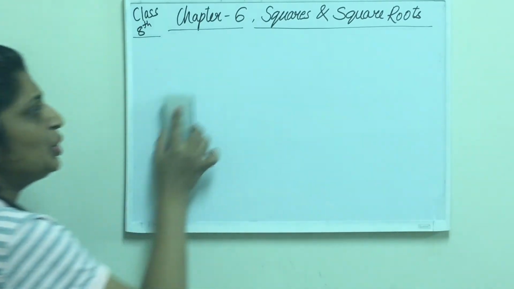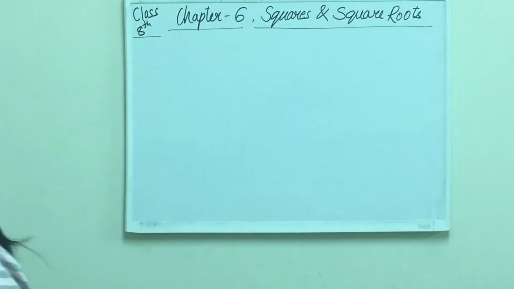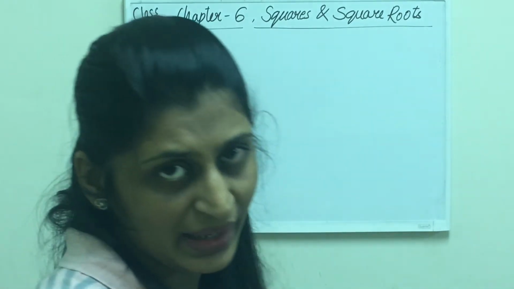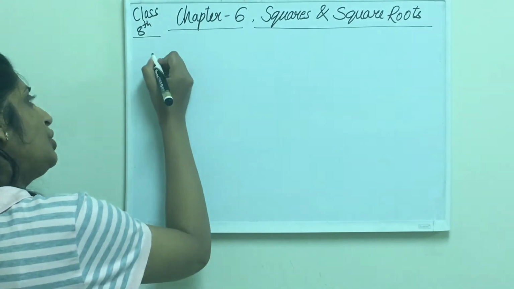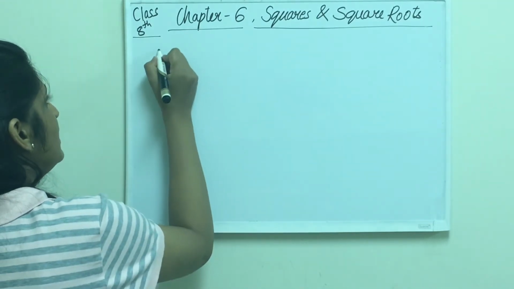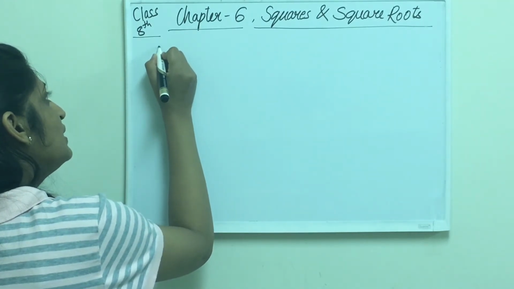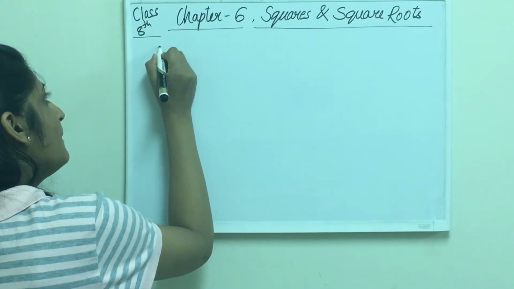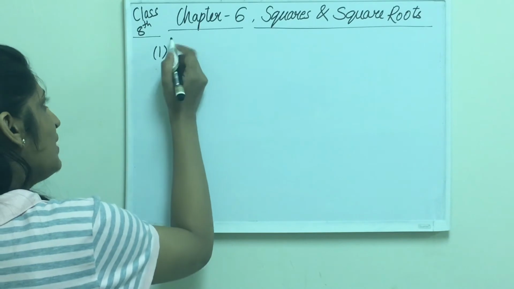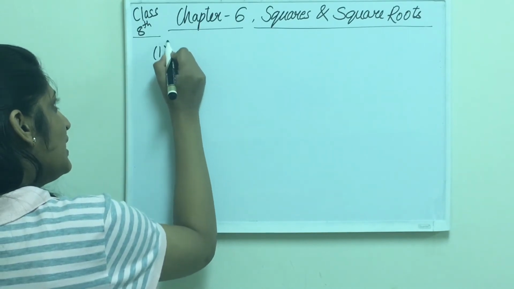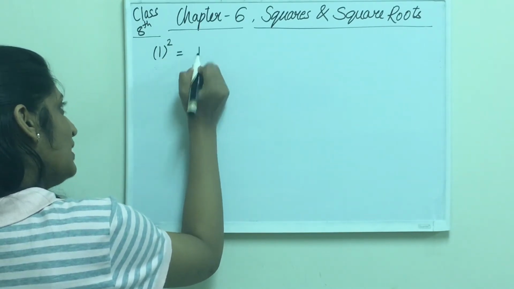So what is square root? Square root is nothing but the inverse of squaring. You all know that if the number is 1, its square is 1.